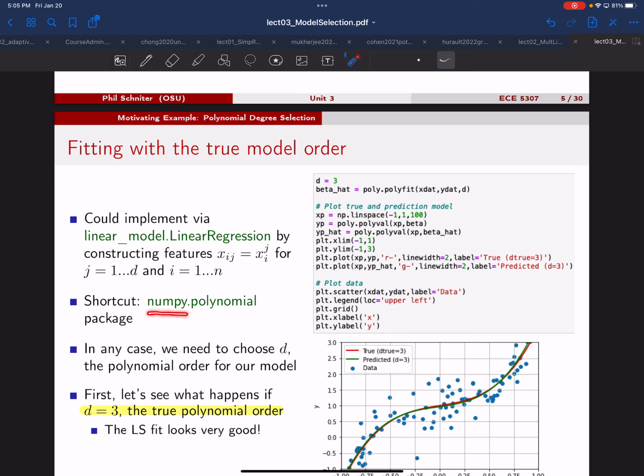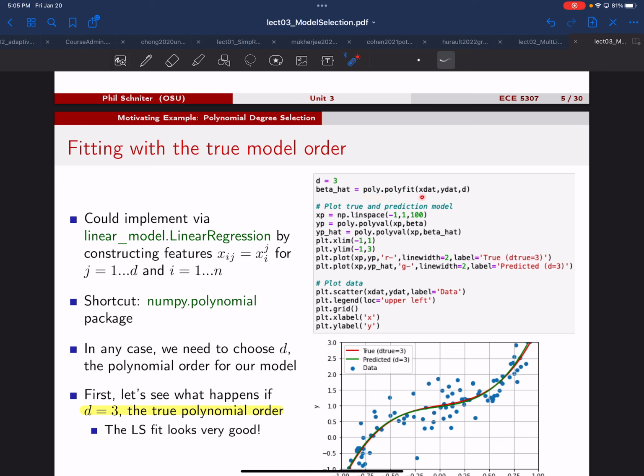We're going to use the NumPy polynomial package, which is kind of a shortcut. It has a bunch of nice routines. For example, this polyfit routine does least squares fitting of the polynomial coefficients. That's what it's doing under the hood.